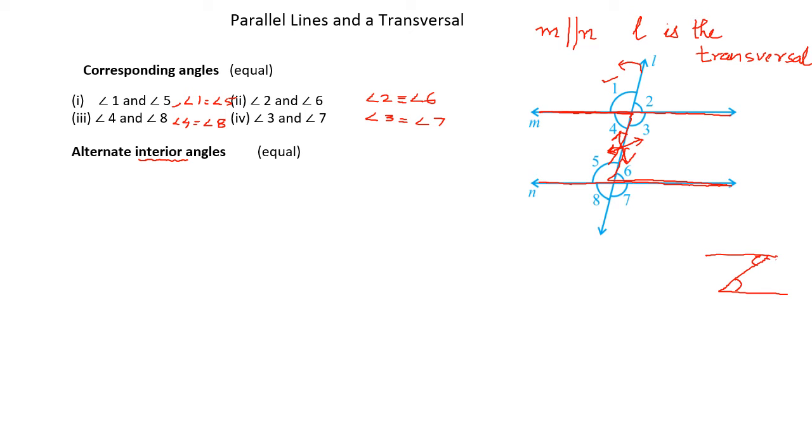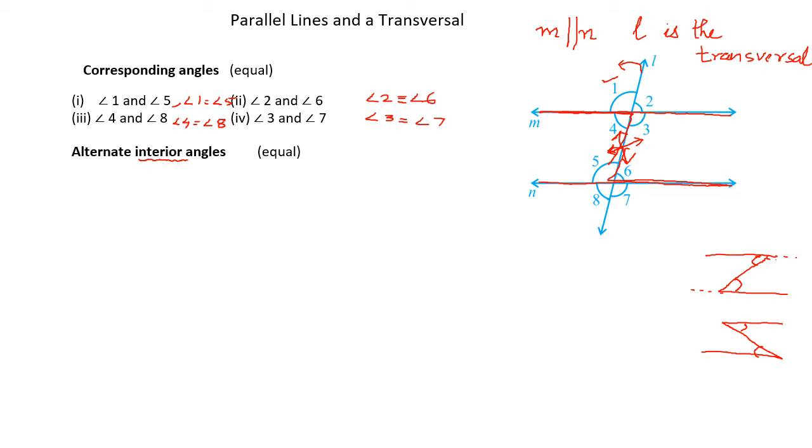So if you extend this, then you will see two parallel lines cut by a transversal. So that is the interior angle. If you draw it the other way also, children, then this angle and this angle are alternate interior angles. Is it getting clear to you? It must be clear to you because you have already learned it.